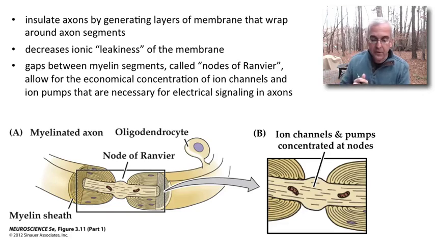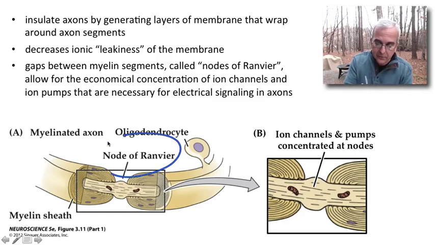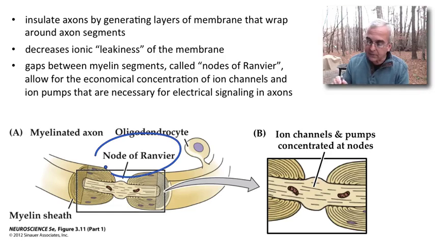Now, as I mentioned, there are gaps between these myelin segments contributed by different oligodendrocytes, and those gaps are called nodes of Ranvier. And these nodes are quite important because they provide a place whereby ion channels and ion pumps can be concentrated.